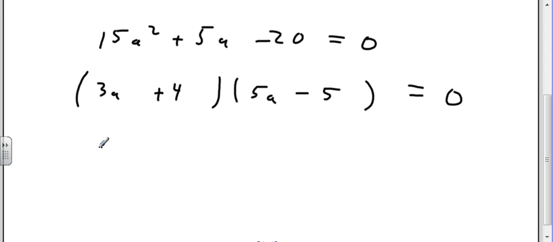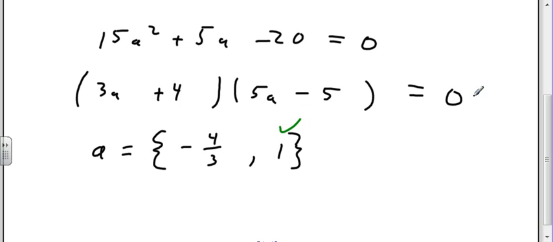Okay, so there we are. So a is going to be, solution set, minus 4 over 3, and the other one, plus 1. Okay, I put the 1 in, and I see that the 1 checks. All right, so 1 checks.